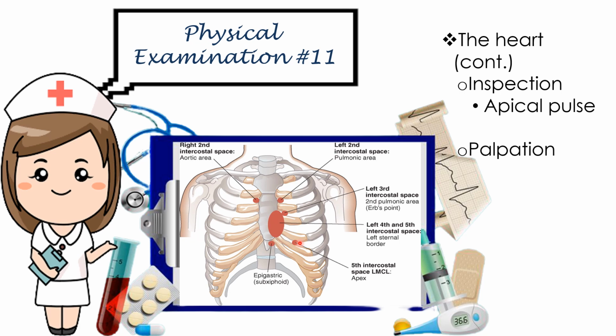And you can use palpation to confirm the characteristics of the apical impulse. For palpation, you have to begin with general palpation of the chest wall.